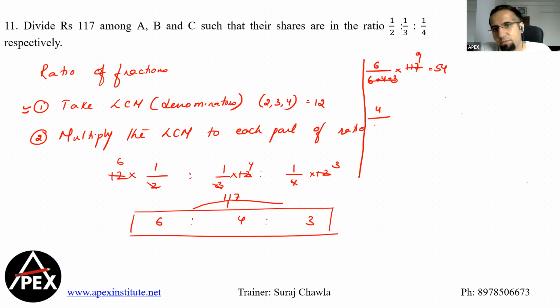Now this is 4 by 13 of 117: 13 ones are 13, 9 times, 4 nines are 36. And this is 3 by 13 into 117: 3 nines are 27. So your correct answer is 54, 36, and 27 respectively. Clear, guys? Can I proceed from here? I hope the pace is fine today.